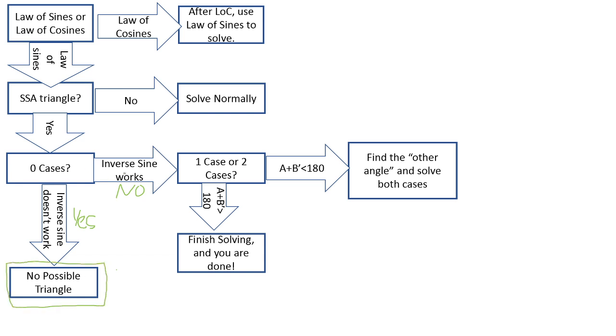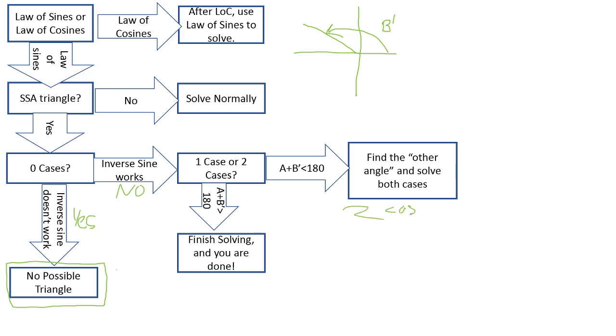If inverse sine does work, then we have to say, all right, are there 1 case or 2 cases? Well, these can be any letters, but if A plus B prime is less than 180, B prime being that other angle, that obtuse angle coming out here, then you find both triangles in 2 cases.